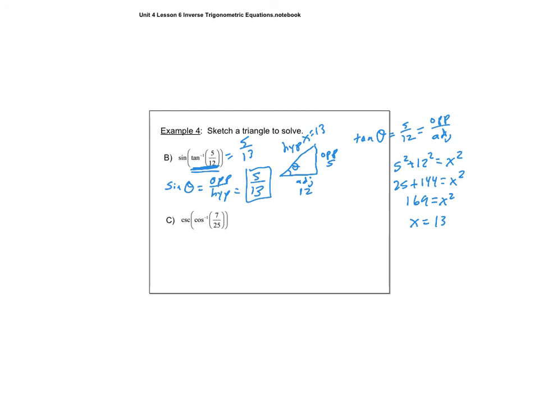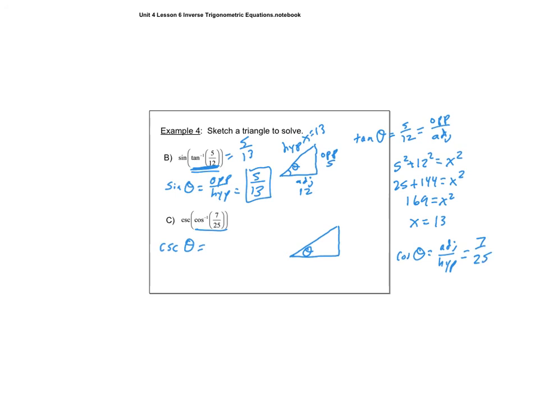Similarly for the next one, I can draw out a triangle. This here is my theta, so I can say the cosecant of theta. So I'm going to come over here and work through the cosine. So the cosine of theta is equal to my adjacent over my hypotenuse, which I've already been given, and I've been told that's 7/25.